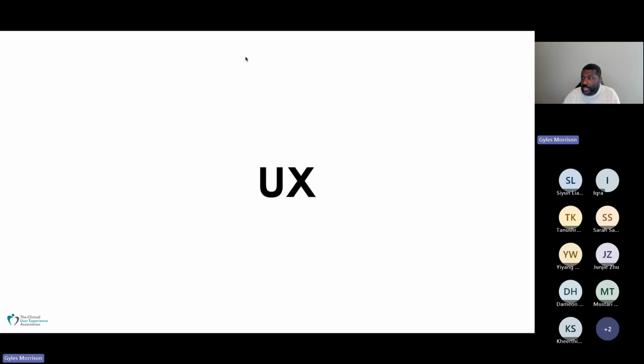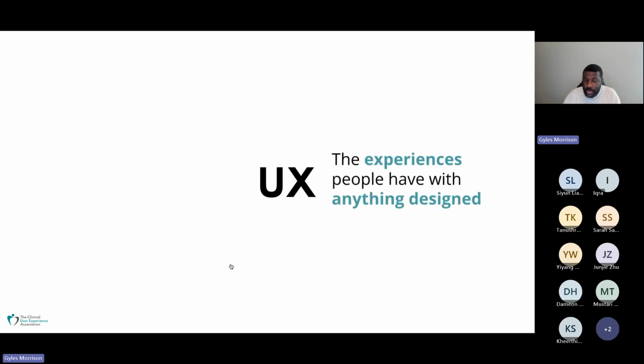User experience is about the experiences that people have with anything designed. You have an experience with the screen that you're looking at, the speakers or headphones that you're using right now. Depending on the design of those, you'll have a better experience or not. You can't change the fact that it's raining outside, but you can influence the experience that you have by putting up an umbrella and the quality of that umbrella.